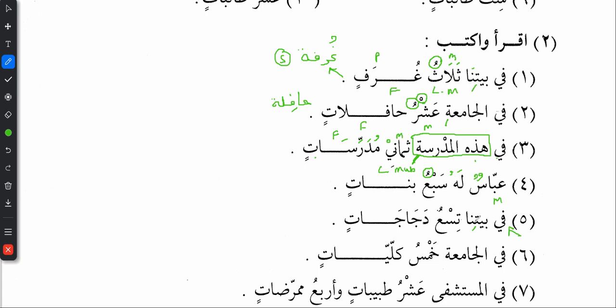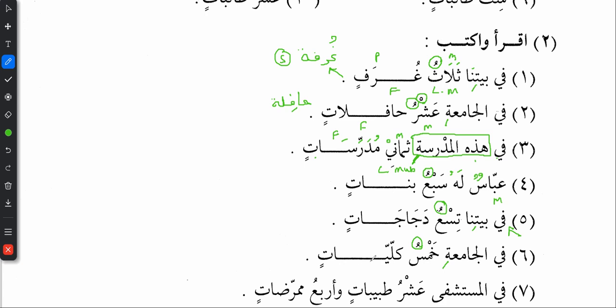So tis'u late mubtada dajajatin. Dajajatin means dajaja is the female hen. So dajajatin, so it's plural. في جامعة 5 late مبتدا كليات. In the university there are how many colleges? 5 colleges.